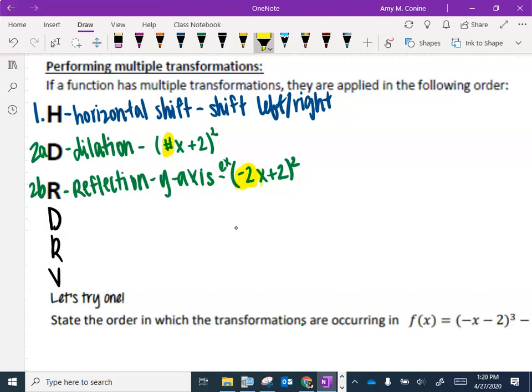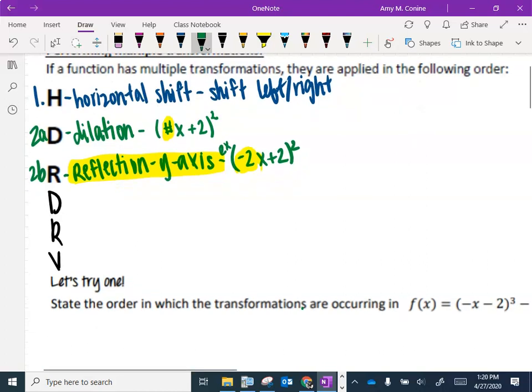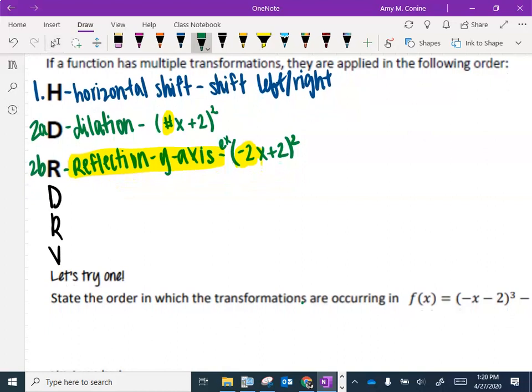You can do them in 2 mini steps, or you can do it at the same time, but you would do this reflection as part of a step 2, or like a mini part of a step 2. So that would be 2A and 2B. I want to make sure you guys know that. Again, you're not going to do a whole lot with discussing that little transformation, but you will do a lot with the reflection over the y-axis. So I just want to make sure you have all that information.